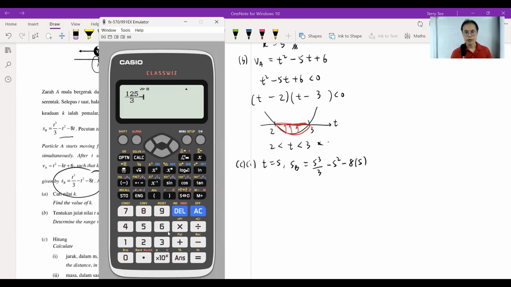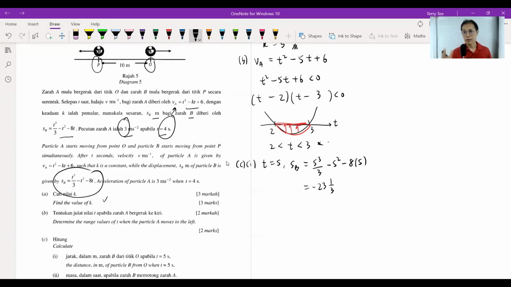Divide by 3. 5 power 2 is 25. And 8 times 5, I've got this answer, negative 23 1/3. Okay, but they ask for jarak. Remember, jarak is distance. Distance is a scalar quantity, no negative. And that means it's 23 1/3 meter ke arah kiri. But you're finding the jarak dari titik O. Titik O is already 10 meter from the initial position titik P.